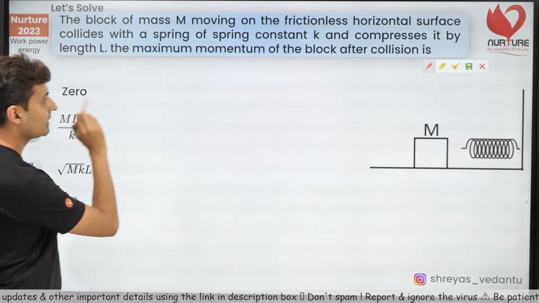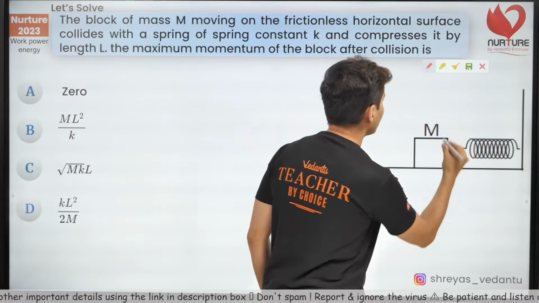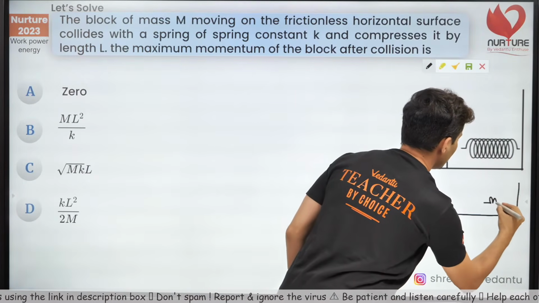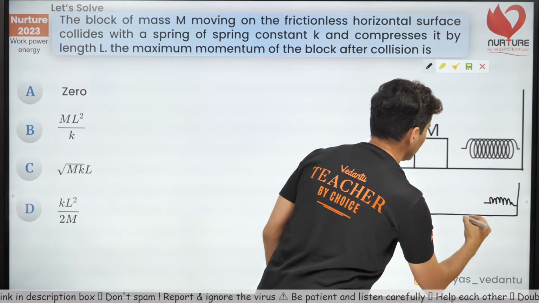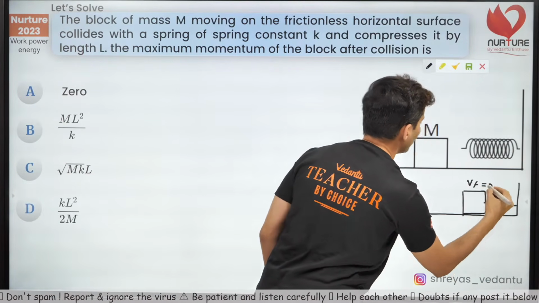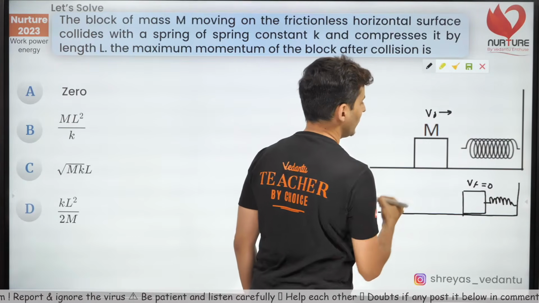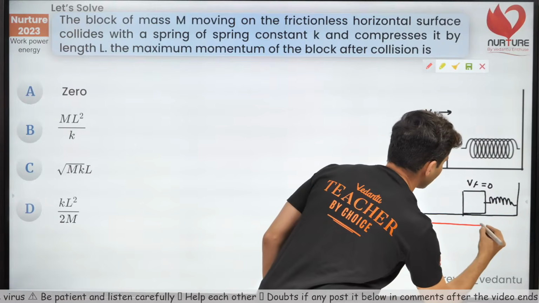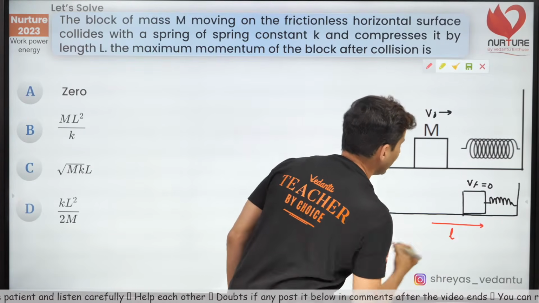Once this spring gets completely compressed, this block is over here. It has stopped. The final velocity is 0. Initial velocity is this way. Okay, and we know that the displacement has happened like this with a length of L.